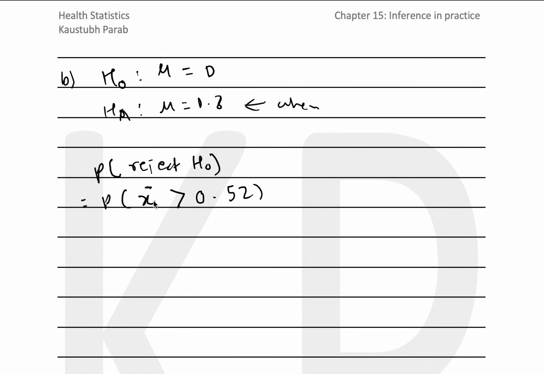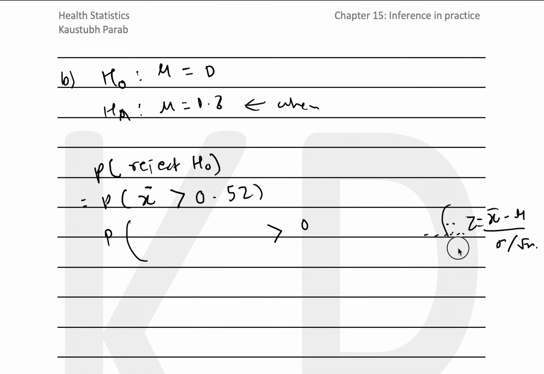If you transform that x to z, because we know that making use of any of the tables we cannot find probability for an x value, so what we do is we transform these x values to z values. So z would be nothing but x bar minus mu upon sigma over square root of n, right?